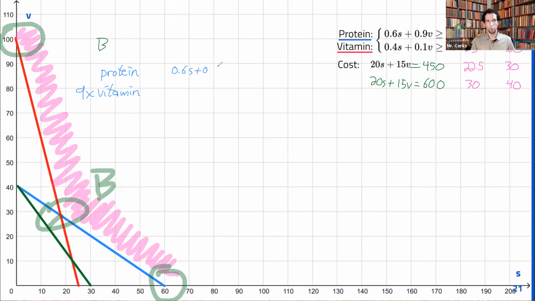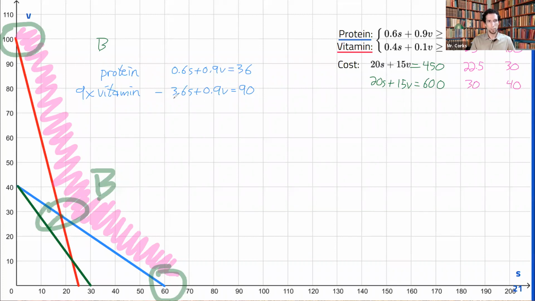0.6S plus 0.9V is equal to, because we are on the constraint line, 36, and then times 9. So 3.6S plus 0.9V is equal to 90. Just make sure 10, 9, 4, looks like we have that right.